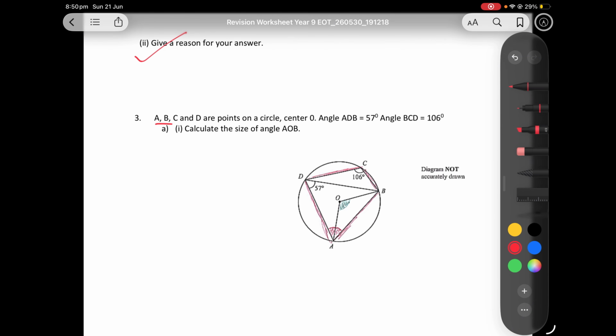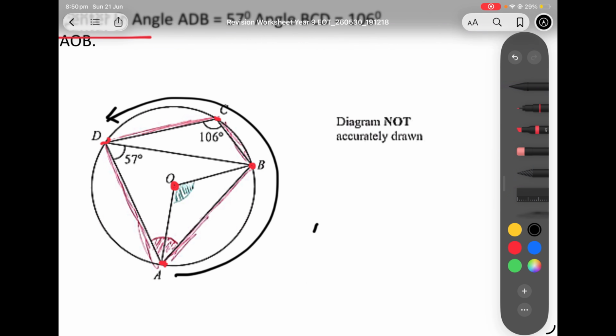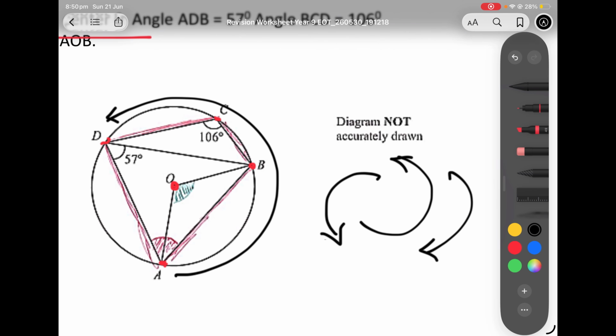Okay, the next one. A, B, C, D are points on the circle, and the center of the circle is there. Always see how they have marked the angles in cyclic fashion. They don't write A here, B here, C here, and D here. Never, it will become all wrong. You either have to go in the cyclic fashion or in the non-cyclic fashion, but maintain an order.